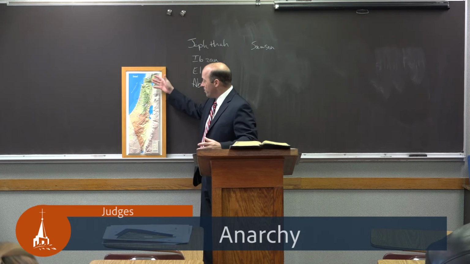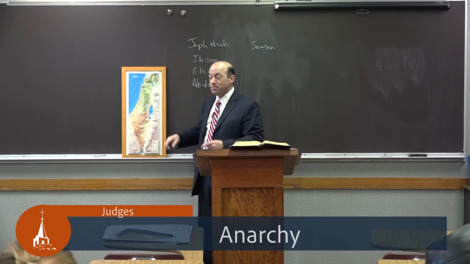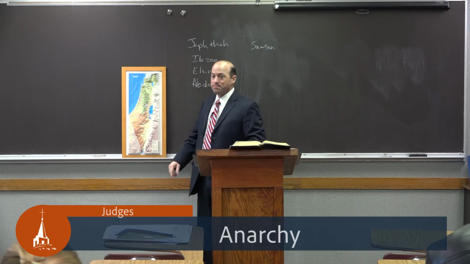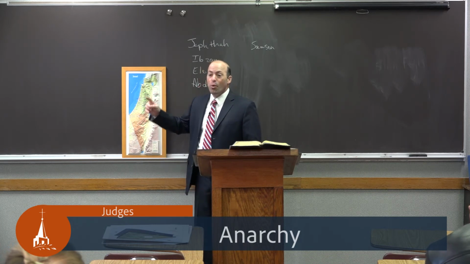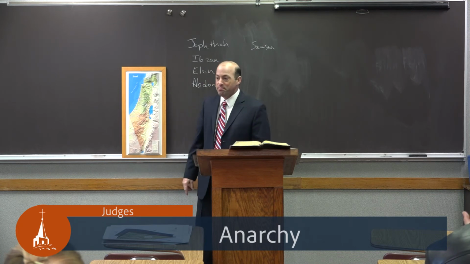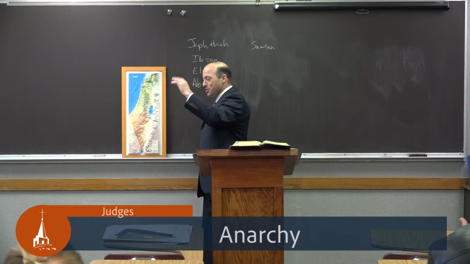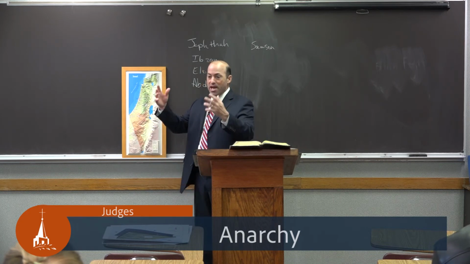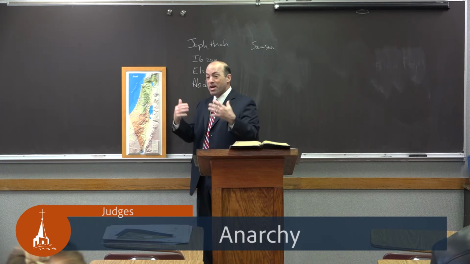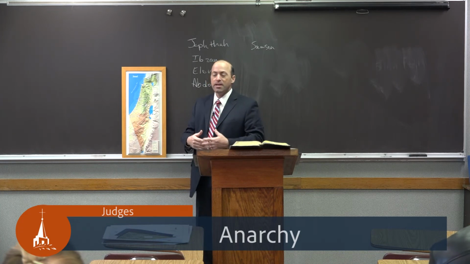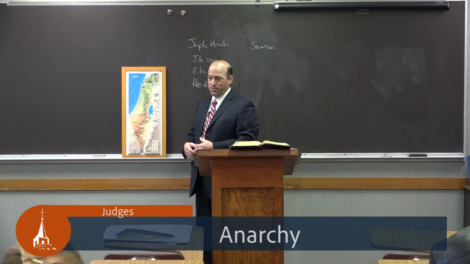And all the other tribes gang up on the tribe of Benjamin, because the Benjamites defended Gibeah, and they wipe them out, except for a couple hundred men is all that's left of the tribe of Benjamin. And then they do other crazy things, and then they feel bad. Oh, we're going to lose the whole tribe of Benjamin. So they do these ridiculous measures to try to get them back. Everybody did that which is right in their own eyes.